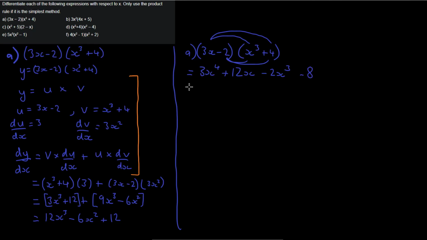There's no like terms we can gather up, but I can just order it a little bit nicer so that the powers are in descending order. So 3x to the power of 4 minus 2x cubed plus 12x minus 8. Now if I said that this was y equals that, I can fairly comfortably just derive that. So dy dx is going to be 12x to the power of 3 minus 6x squared plus 12.